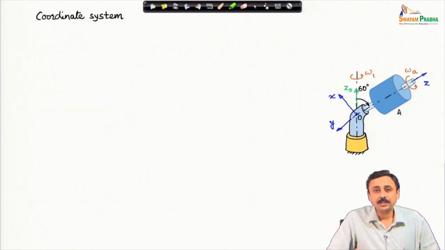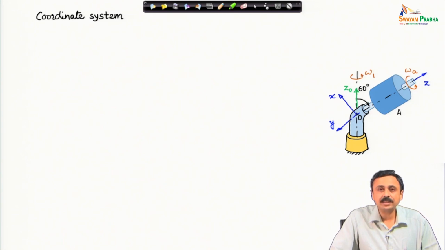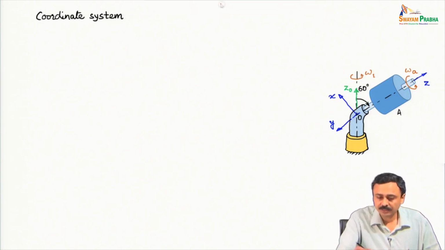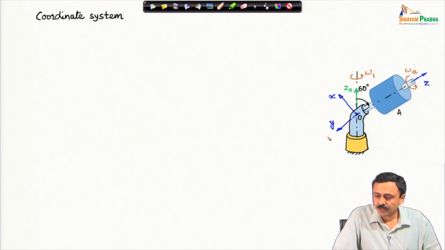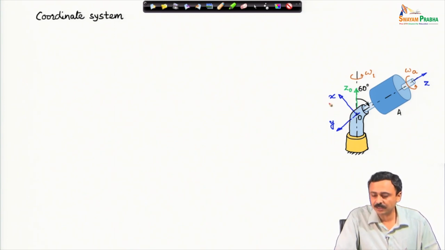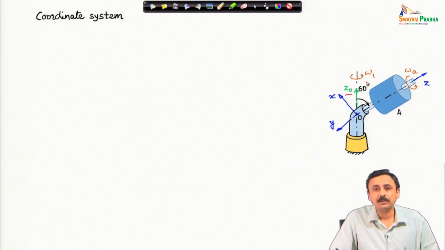First, we fix a suitable coordinate system. The coordinate system that we have discussed for our prototype problem, we will extend that here. As you can see, I have made a little bit of change in the way I have marked the x y z axes, but we have this z naught about which you have omega 1 with which the whole assembly is rotating, and z is the spin axis.